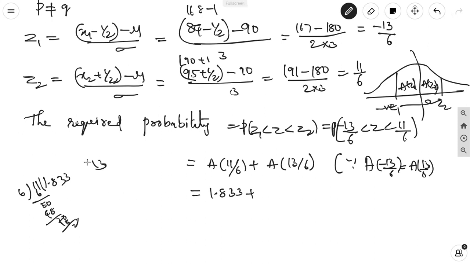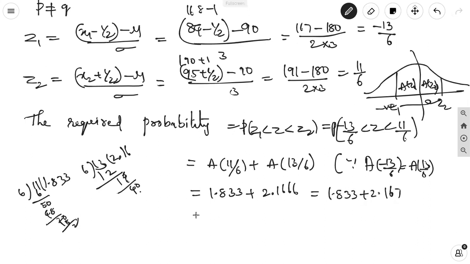Plus 13 divided by 6, that is 2.166, or 2.167. We calculate from the table the area of 1.833 and the area of 2.167.